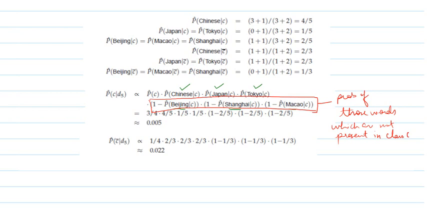So you see that the final calculated probability is 0.005 for class C, and for class C naught, or class J, the other class, we are getting 0.022, right? So class C naught, or class J, is the predicted class, right?